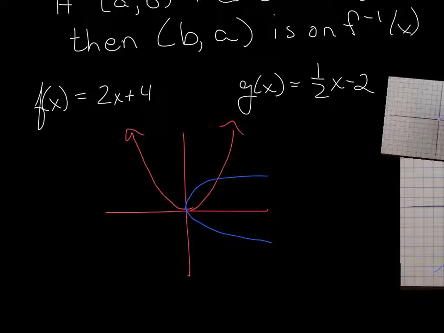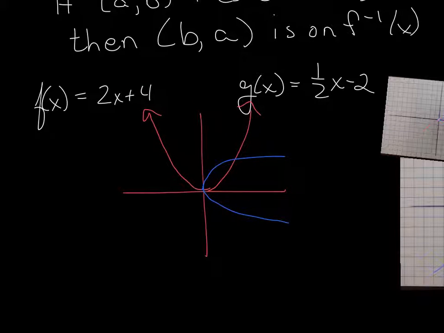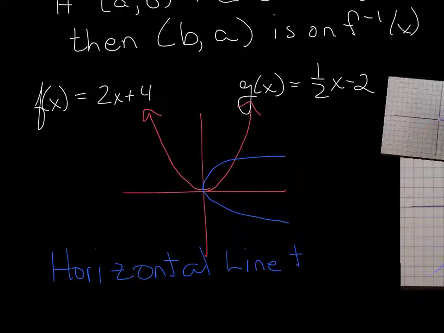So we can look at a function and determine whether it has an inverse function by the horizontal line test. The horizontal line test is very much like the vertical line test, but it will indicate to us whether a function has an inverse.